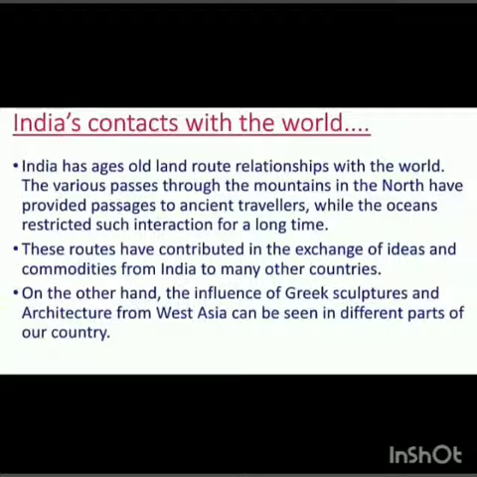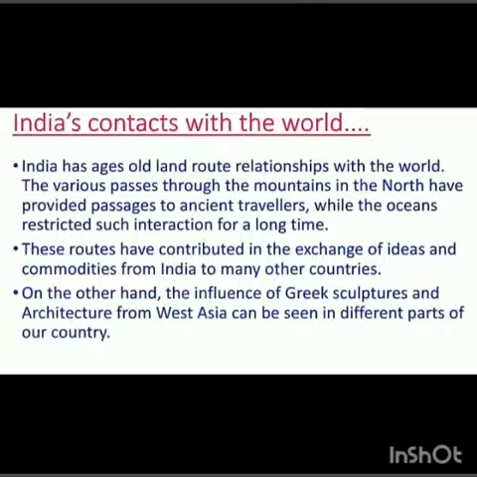Now, we will discuss the topic India's contacts with the world. India has ages-old land route relationships with the world. Her relationships through the land routes are much older than her maritime contacts.